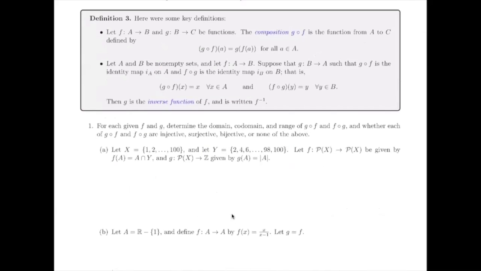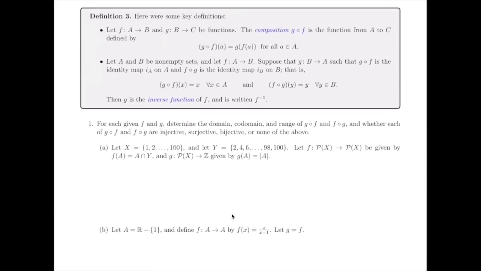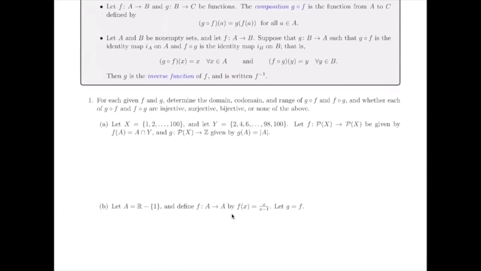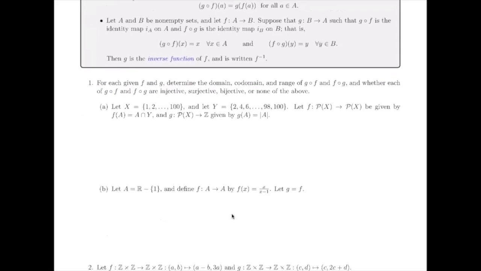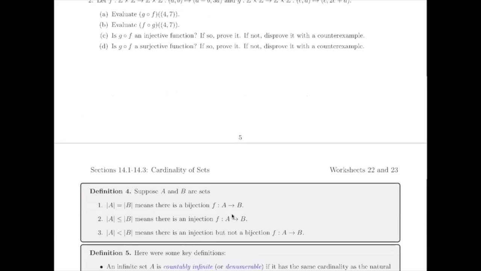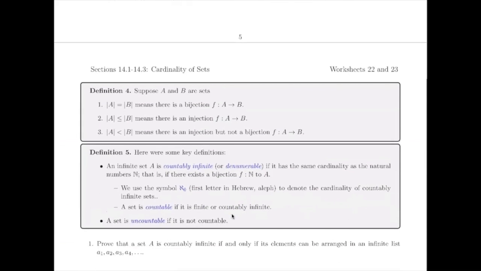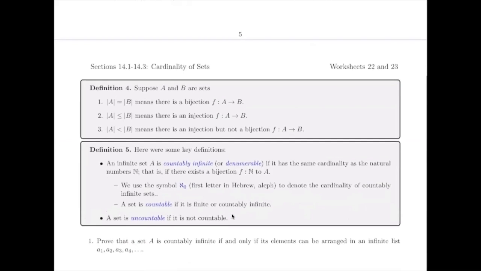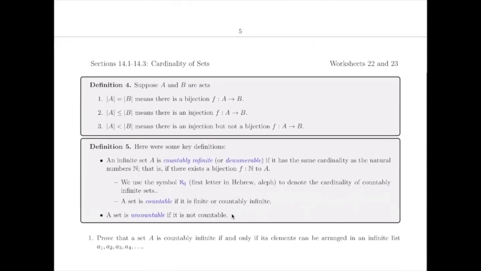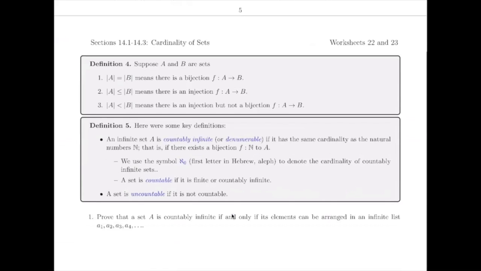Some of the homework that you have due this week was dealing with composition and inverses. Then we ended with cardinality of sets this week and last week, talking about countable, countably infinite, uncountable, those sorts of things.